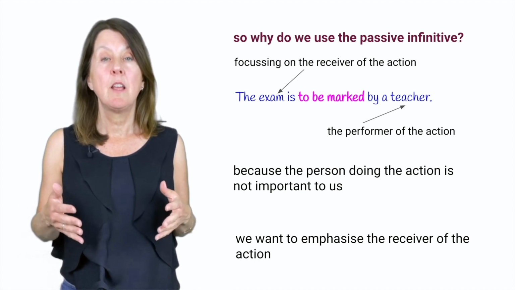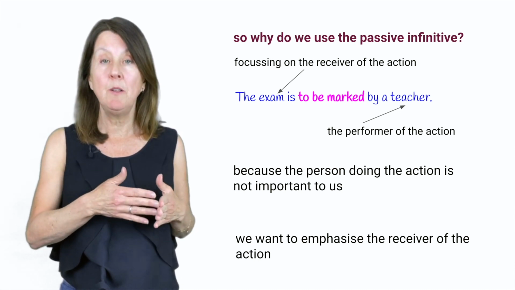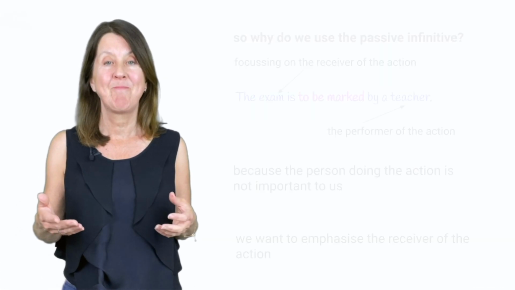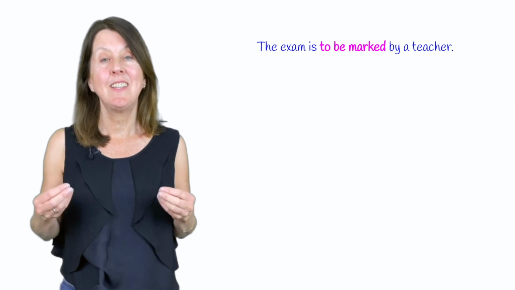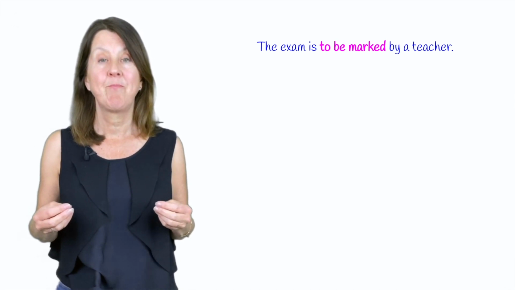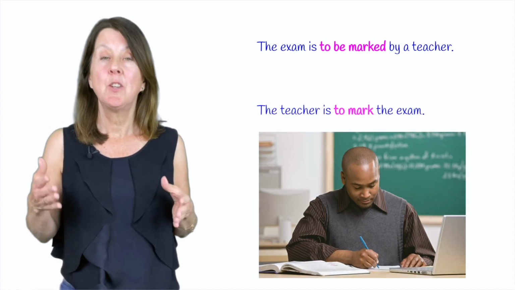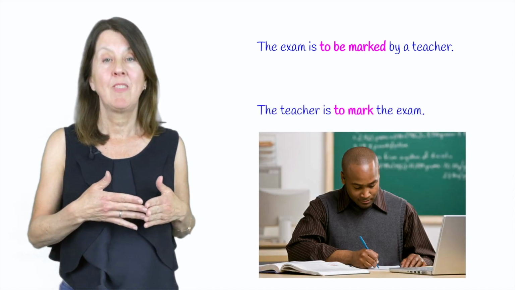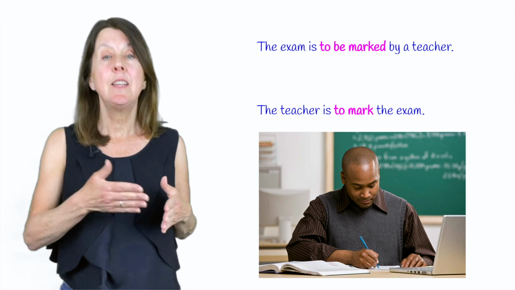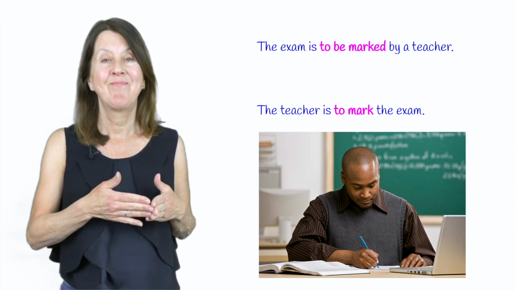If we focus on the person or thing doing the action, we use the active infinitive. So let's change this sentence to use an active infinitive. The teacher is to mark the exam. This is not a passive because the teacher is doing the action.